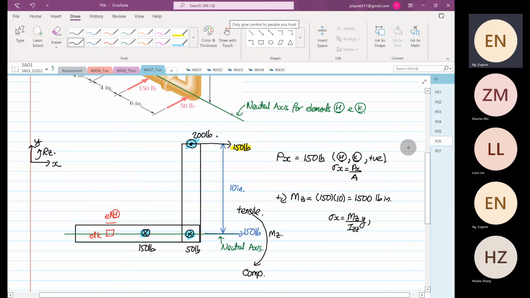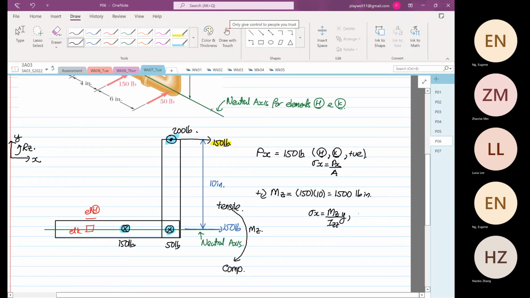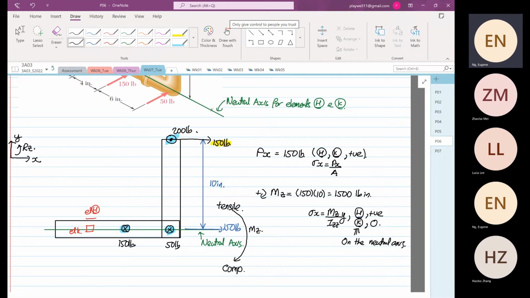For this case, element H will be in tension, and for element K, the stress will be equal to 0, because y is equal to 0. Element K is on the neutral axis. Can you see that? Yes or no? It will be equal to 0 based on stress x equal to Mz over Izz multiplied by y.